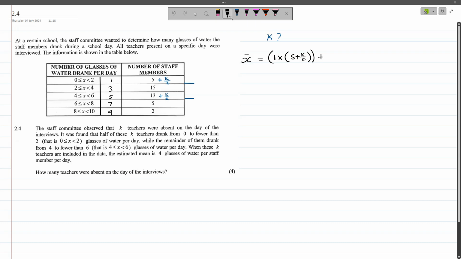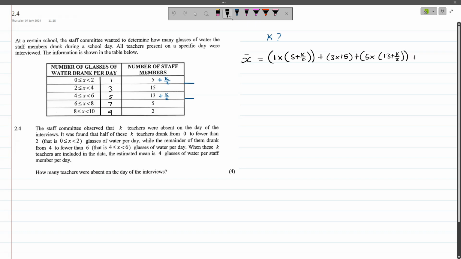Then we go to the next one, which will be 3 times 15, plus the next one would be 5 times 13 plus the added group of teachers, that is K over 2. Close that bracket.